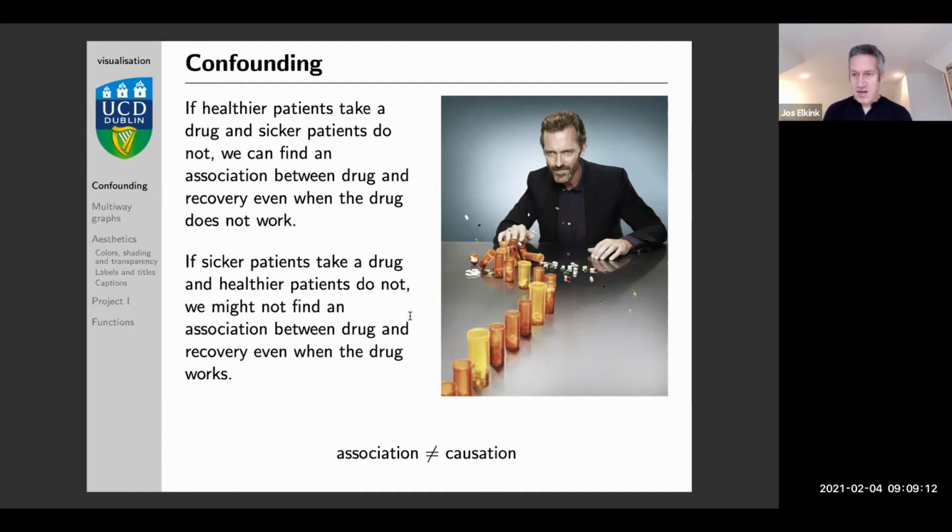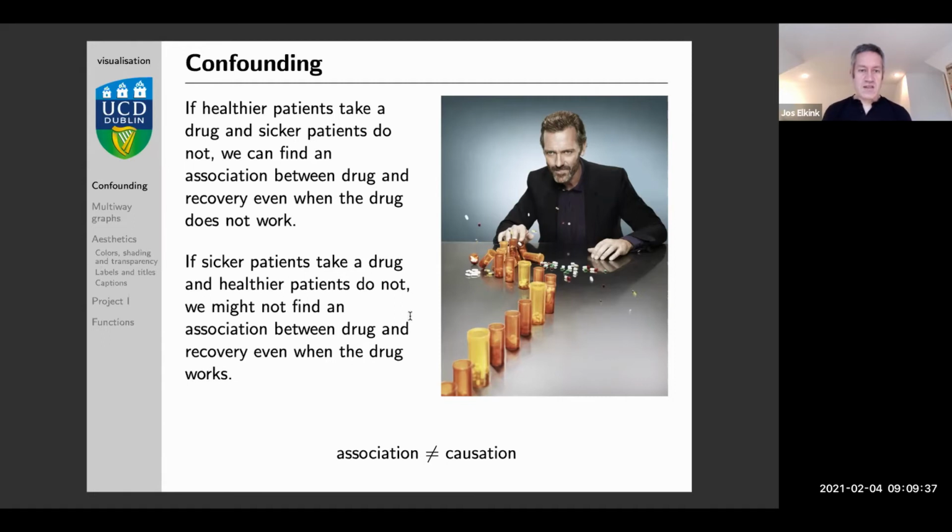If there is a correlation, if there is an association, there might be a causal relationship, but there might also very well not be a causal relationship. There can be other factors that play a role that will affect whether you see a relationship or not. And it can be because of some third variable that you might be missing, or it can be for some other reason. Here's an example of some other reason.